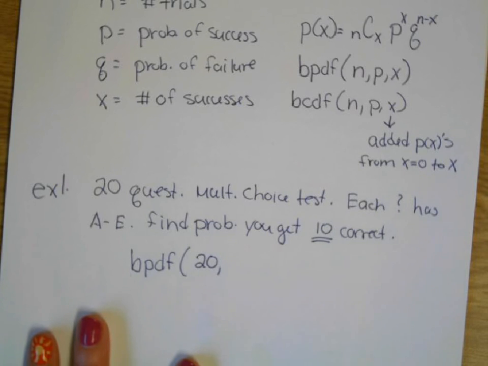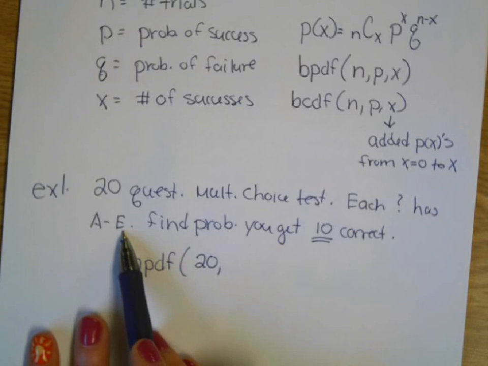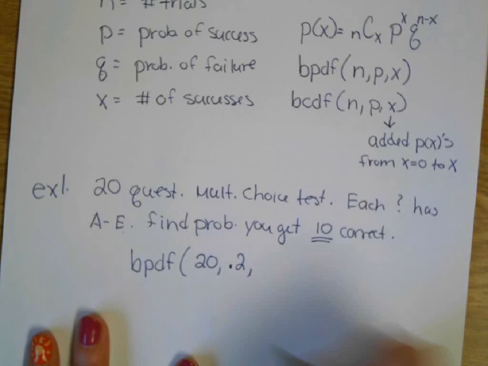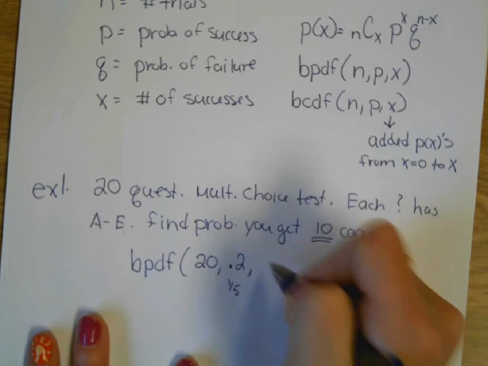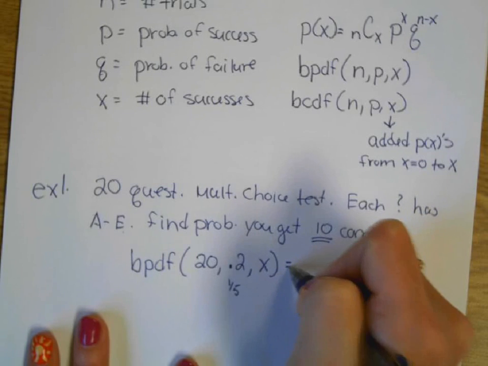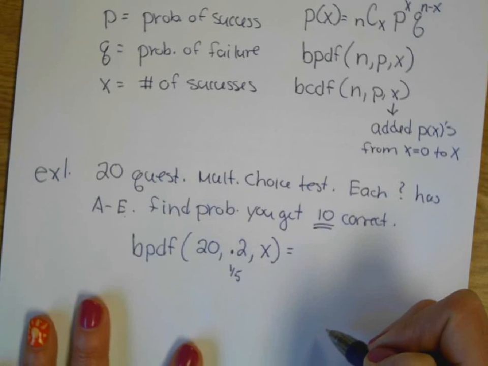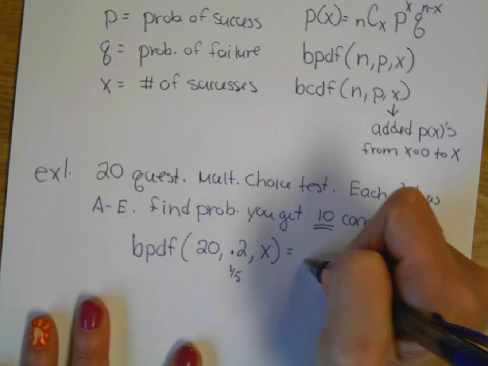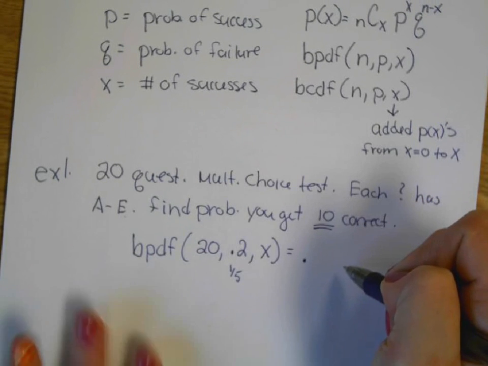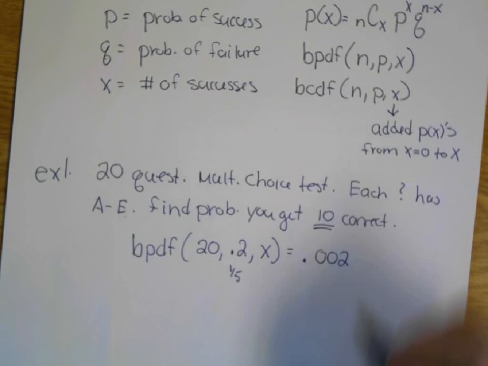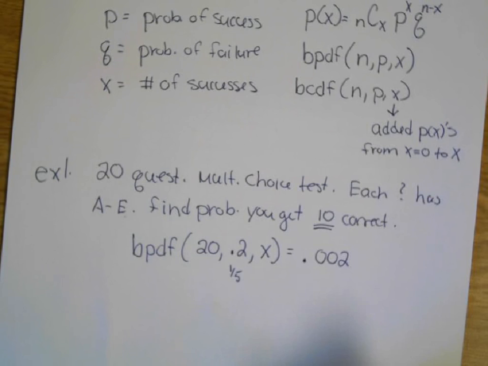Because A through E means 5, and only one's correct, so 1 out of 5 is 0.2. And then we are looking for exactly 10 correct. So what is the chance of just getting 10 correct, no more, no less? 0.002.